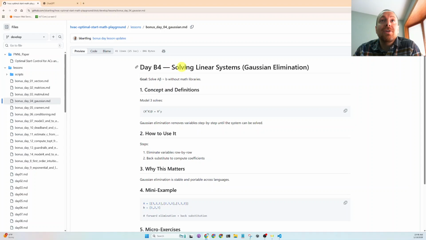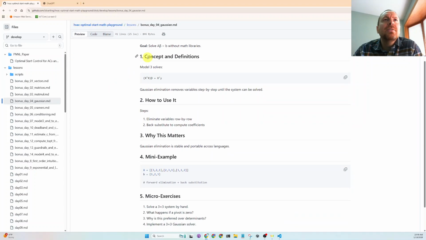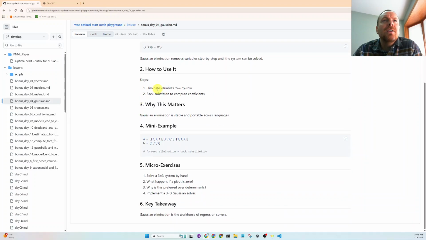Solving linear systems, Gaussian elimination. The goal is to solve without math libraries. The concept and definitions: model 3 solves X transpose X beta equals X transpose times y. The Gaussian elimination removes variables step by step until the system can be solved.